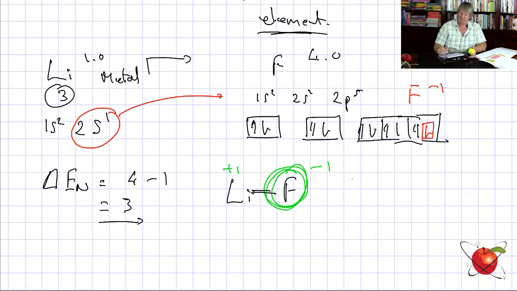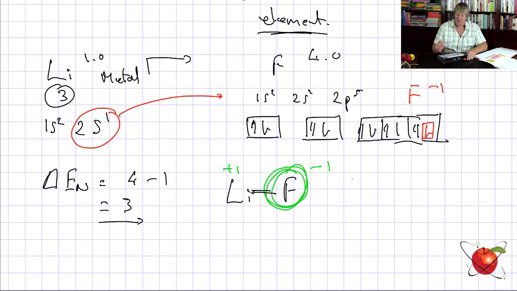Which means that this molecule of lithium fluoride, this process, has taken the electron away. So this side is a minus 1 side. This side is a plus 1 side of the actual molecule itself, isn't it? Because the electron is permanently sitting on the other side.